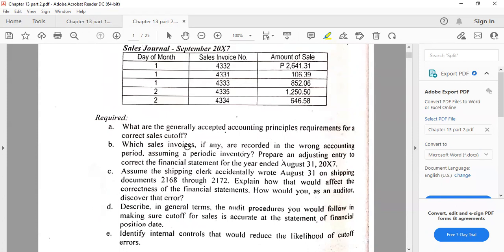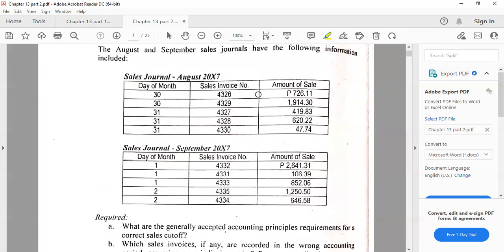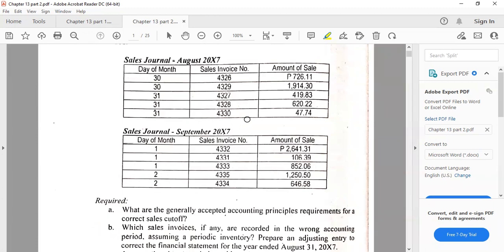Next, which sales invoices, if any, are recorded in the wrong accounting period, assuming a periodic inventory? Prepare an adjusting entry to correct the financial statement for the year ended December 31. Okay, we can see here the sales invoices. Take note that the cut-off is August 31. So these are the last sales invoices, and then the others are recorded in early September.